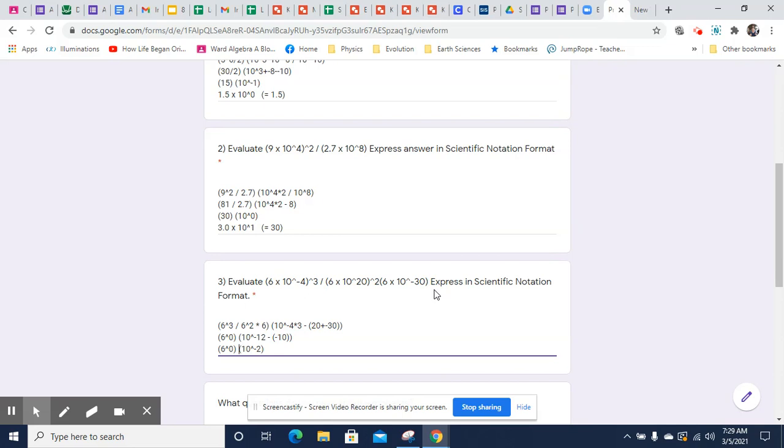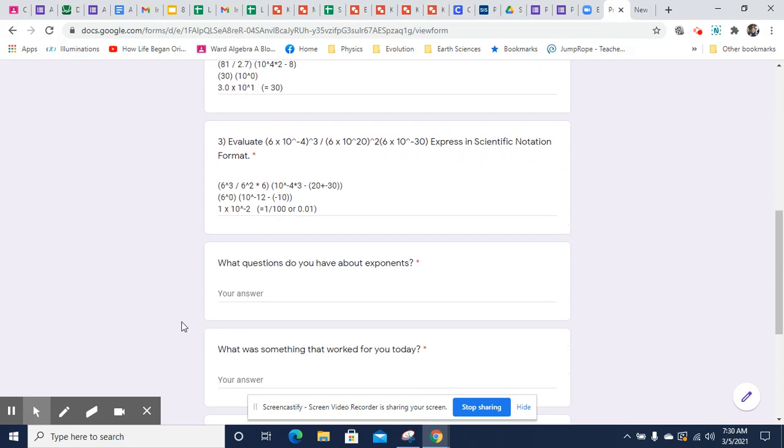And now I've got 6 to the 0, which is just 1. So I'm going to drop my parentheses. That's 1 times 10 to the negative second, which is the same as 1 over 100, or 0.01 if you wanted to go there. Okay, but you only needed to do that. And the rest is just what questions you have for exponents and so forth. I hope that was helpful.